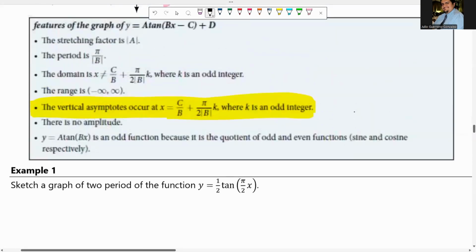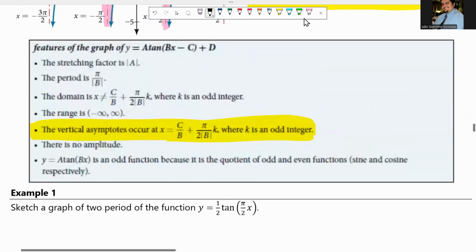And actually, let me bring this back up. This does have a formula that we have to evaluate, right? K has to be an odd integer, so an odd whole number for tangent. This is something that's going to get confused with the same box but for cotangent.